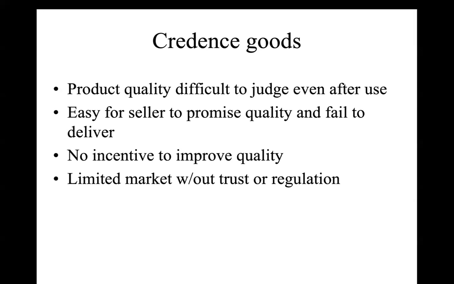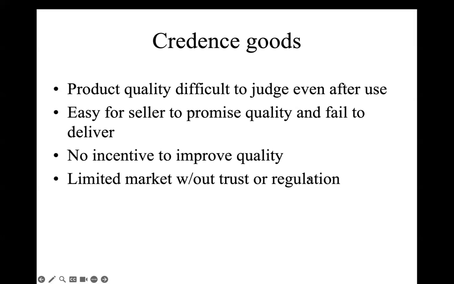Okay. Well, because trust isn't completely adequate, regulation also steps in to limit the behavior of producers in credence good markets, right? Because regulatory authorities recognize this third bullet. There's no incentive to improve quality if the consumer is never going to recognize the price quality relationship due to the credence nature of the marketplace.